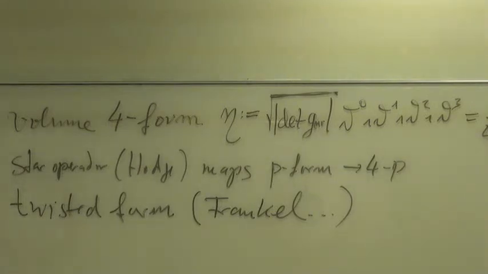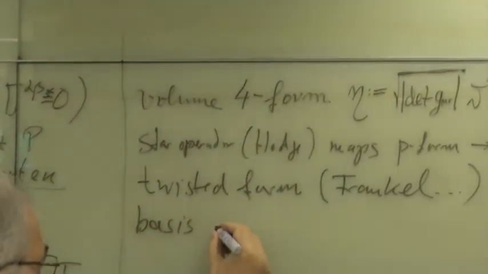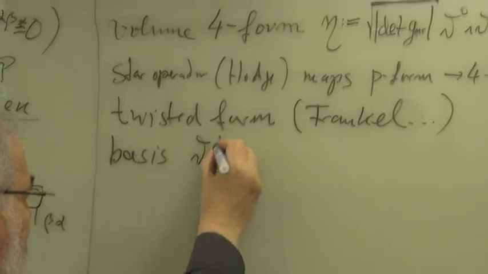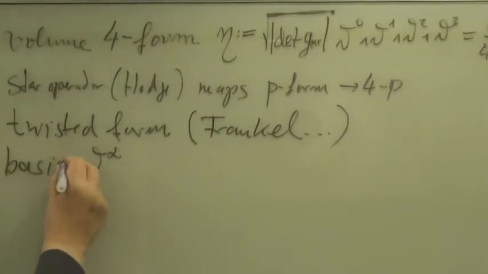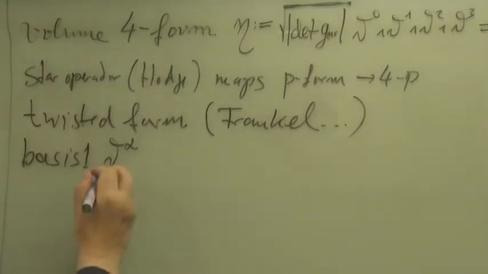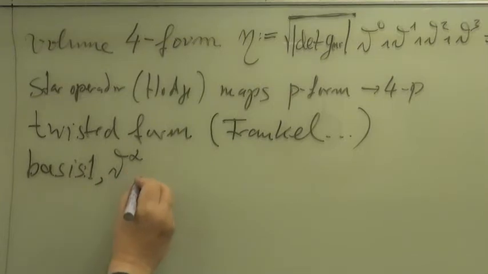So as a basis for the forms, we have of course the theta^alpha basis. Well, we have of course a 1, which is a 0-form, then a 1-form.